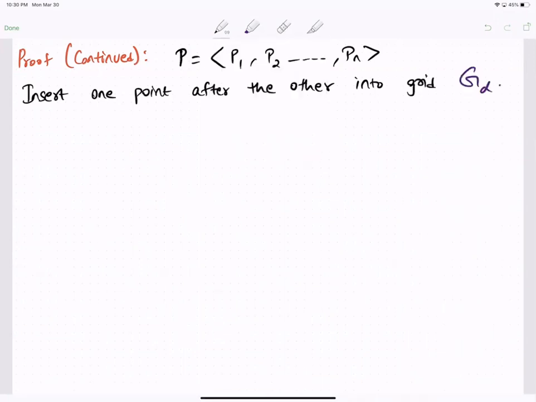We already have discussed G alpha. So into that grid, just keep inserting one point after the other. And as we are doing that, keep track of two things.